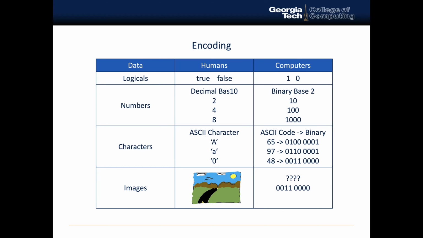We also have various characters that we can utilize, and our ASCII characters vary from capital A to the end of the alphabet, then to lowercase a to the end of the alphabet, and then characters for 0 through 9 as well. And the ASCII code representation can also be represented in binary by computers.